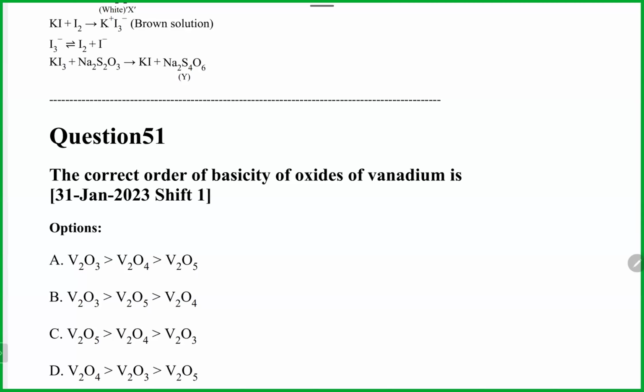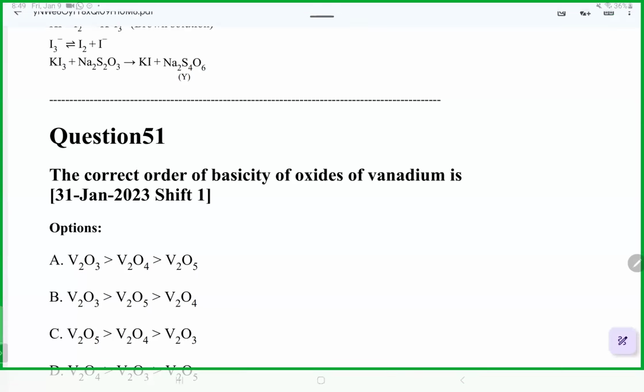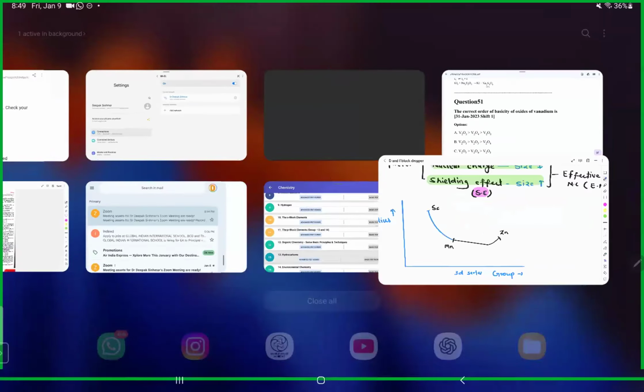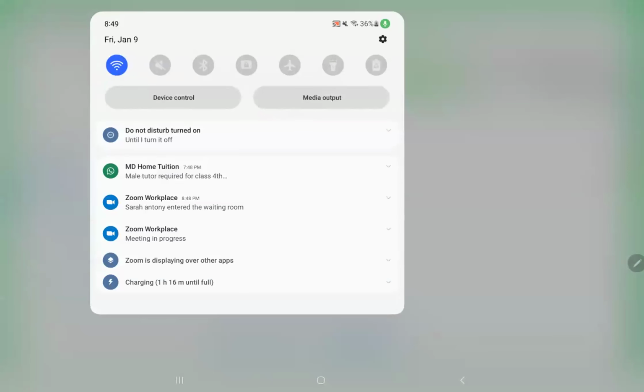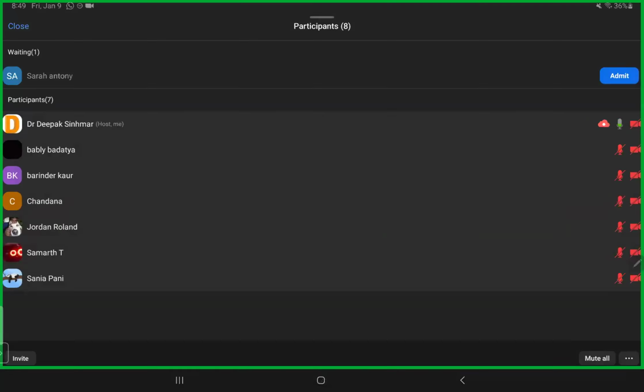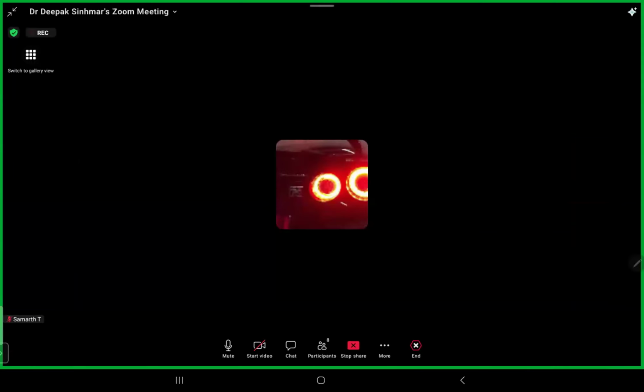Whatever I am teaching from NCERT, same reason. And you don't need to remember even if they give something else. We don't care. We just know that if oxidation number increases, then acidic character increases, basic character decreases. Done. Okay, so I have to do many questions, but there is a limitation because all of you have tests.